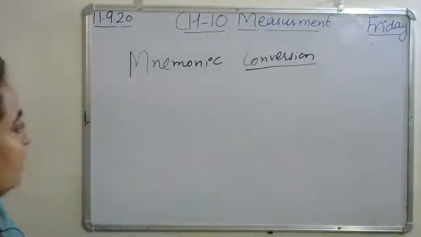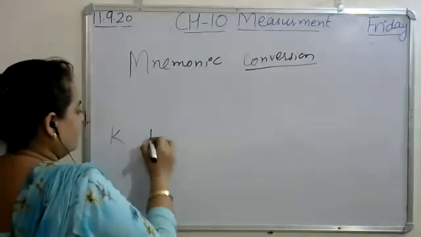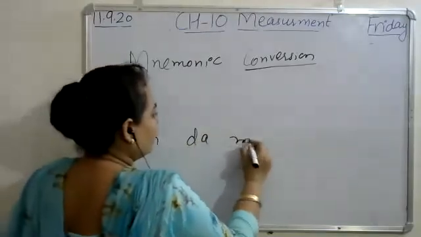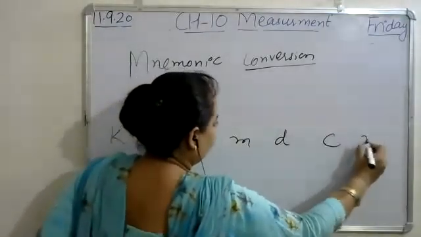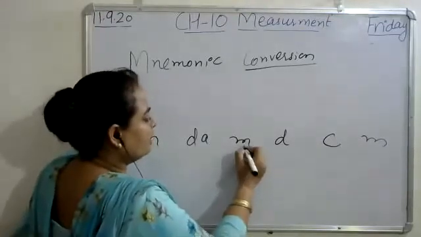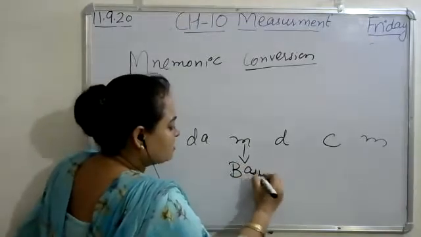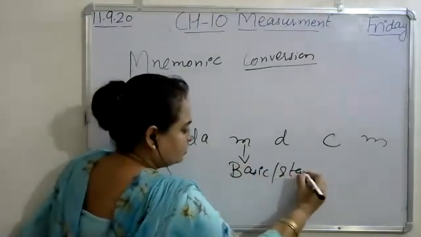Very good morning, beta. Now, beta, tell me, if we write King Harry died, mother didn't cry much, so this meter in the middle is basic or standard unit.